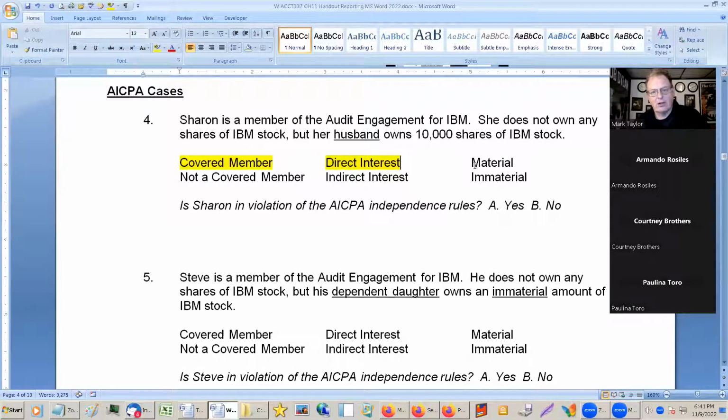And you can say whether it's material or not, but truthfully, in this case, it doesn't really matter. If you're a covered member, you cannot have a direct interest. I imagine 10,000 shares of IBM stock is probably like $1.5 million or something. I imagine it's material, but it really doesn't even matter because whether it's material or immaterial, violation.